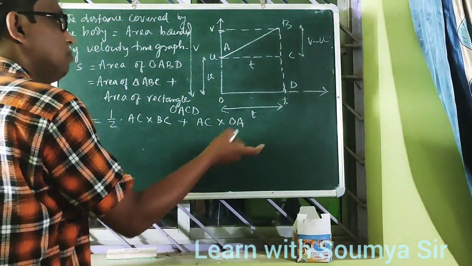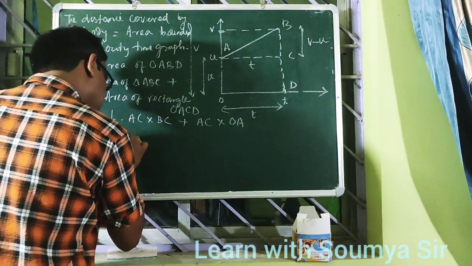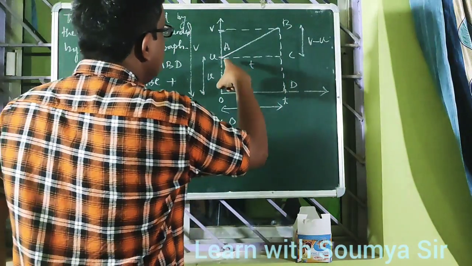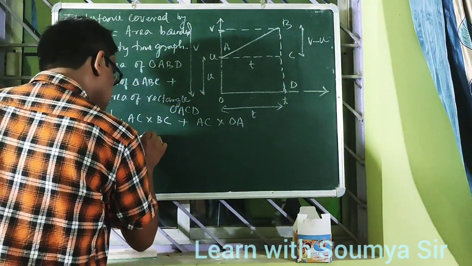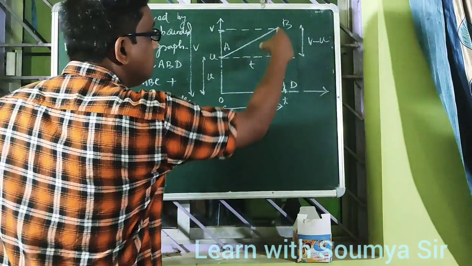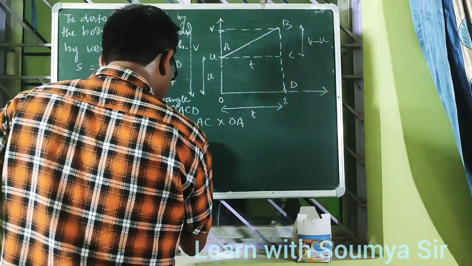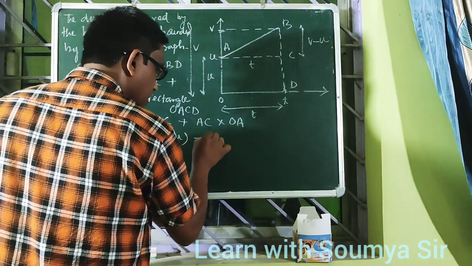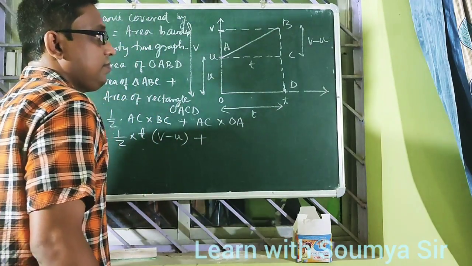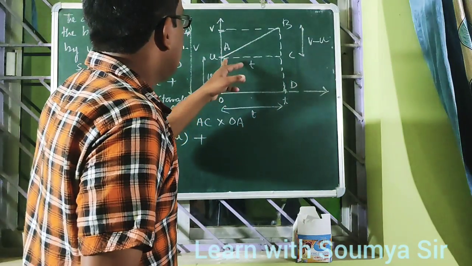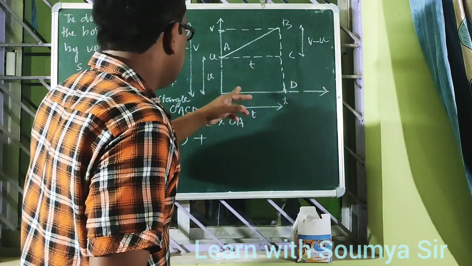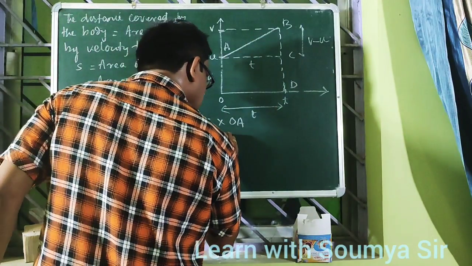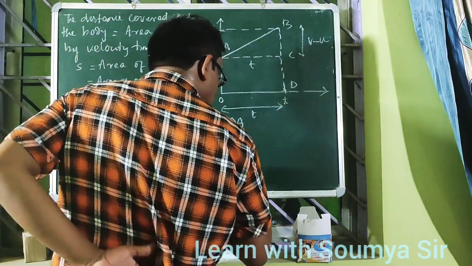Now put the values. It is equal to half AC, AC is t, into BC, BC is v minus u, plus AC, AC is t, AO is u, so we can write t into u.